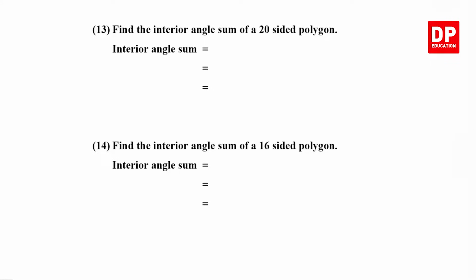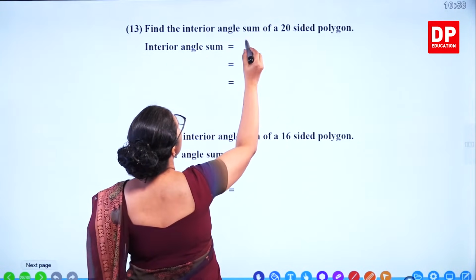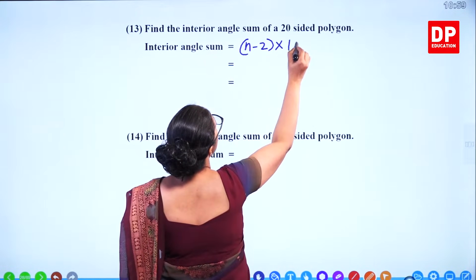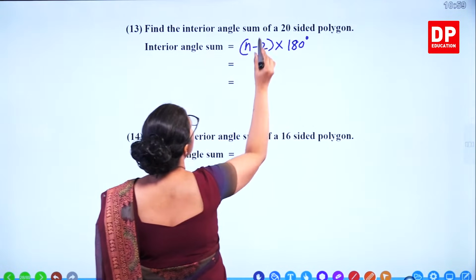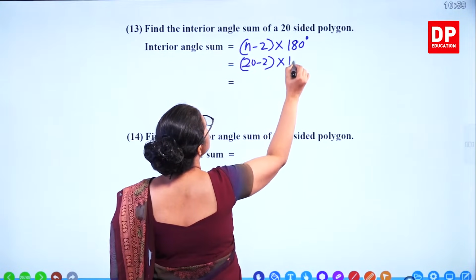Find the interior angle sum of a 20-sided polygon. What is n? The interior angle sum becomes n minus 2 into 180. Now you can plug in n equals 20. 20 minus 2 into 180.